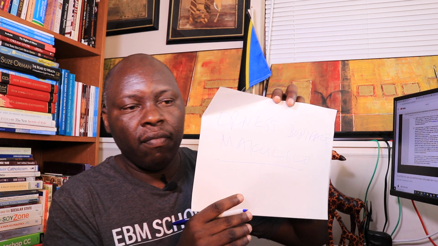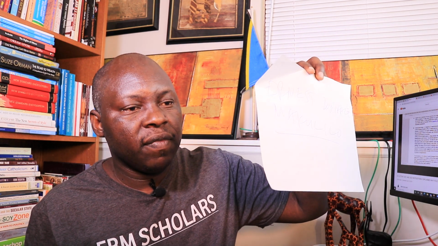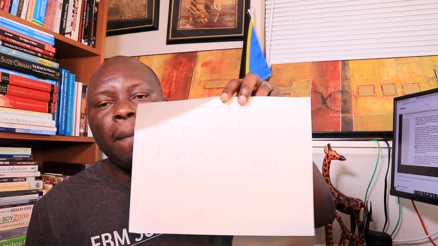Why people get confused is because, let's say my name is Ernest Boniface Makulilo. Let me write here to show you what that means. This is my name: Ernest Boniface Makulilo.